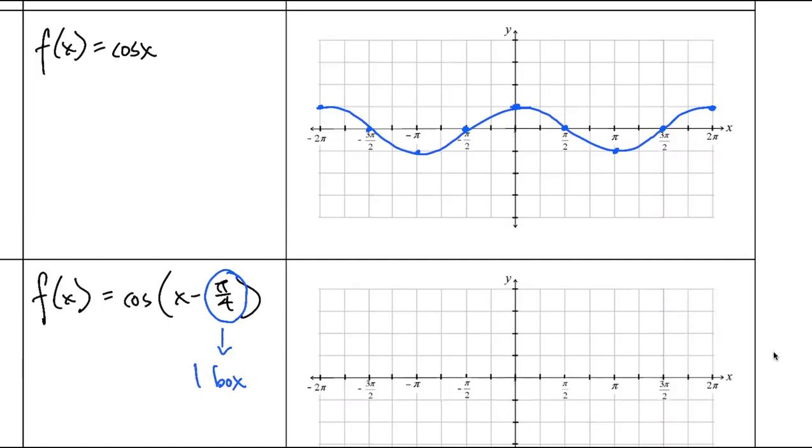So that means if I set up those colors again, center point, next point, next point, we're going to move them all to the right 1 box. Not 2, not 4, not 7, just 1 box. Because 1 box is pi over 4 on your graph.